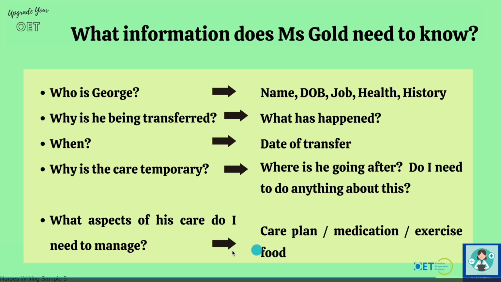So you need to provide aspects of his care plan, his medication, and his exercise, of course, possibly even his diet. So, any question that the reader is going to have about your patient, you need to provide that in your letter. So, that's how you select the information you need. You think of the questions that the reader is going to have and you answer it in your letter.